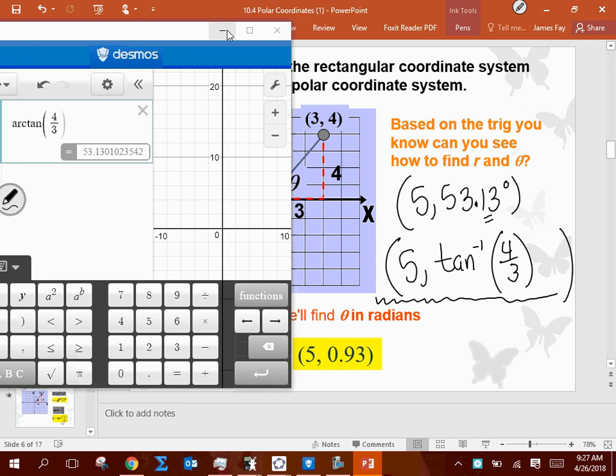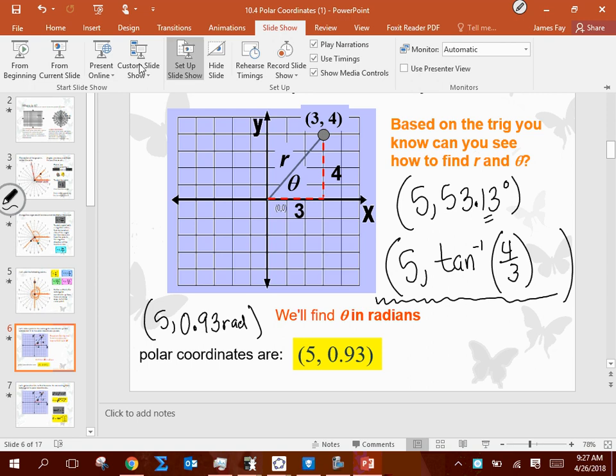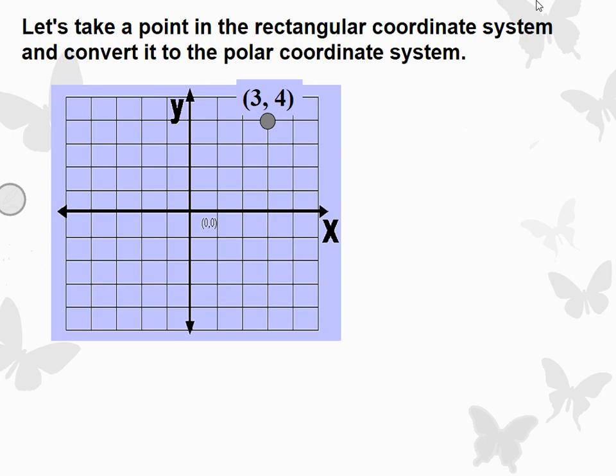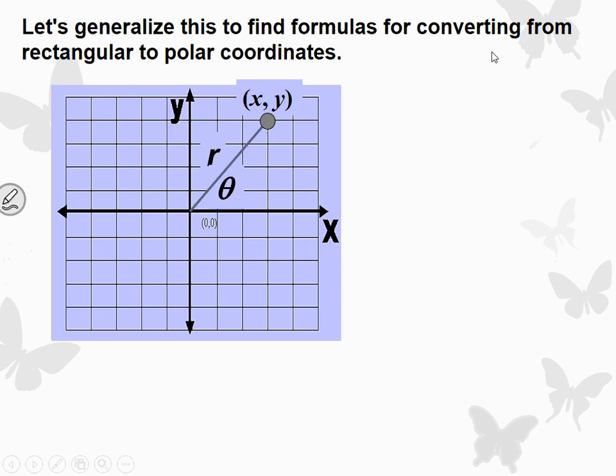Is that all right? So we see that when we convert from rectangular to polar, it's simply just SOHCAHTOA and a Pythagorean theorem. Okay. So what we do then is say, if this is the case, let's just make it arbitrary.